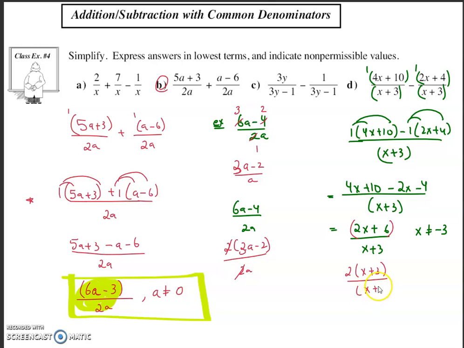And this also is x plus 3. Now these both can get reduced. So my final answer is just a 2 over 1 or just a 2. Okay. So the only time you can reduce things is when everything is in a good factored form. Okay. So this is my final answer for part D.